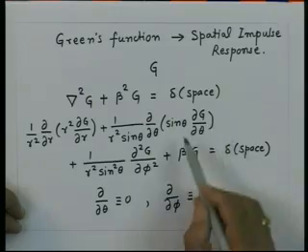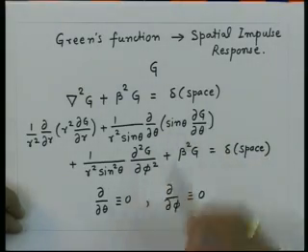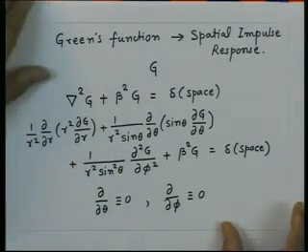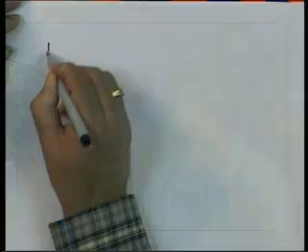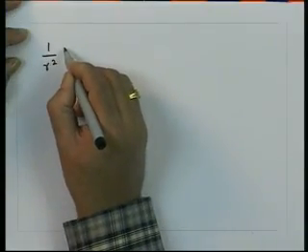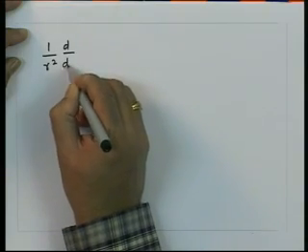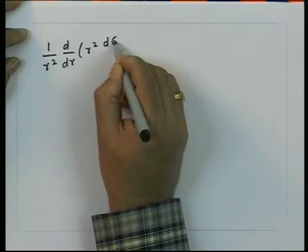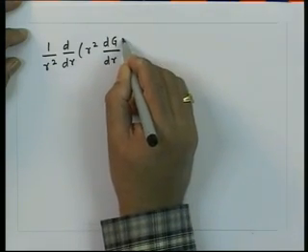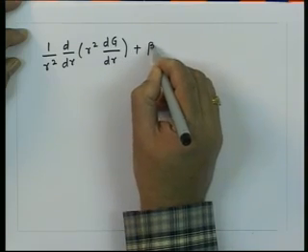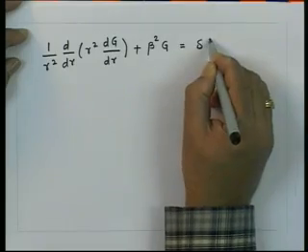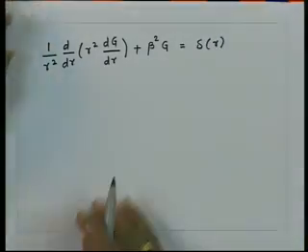If I substitute now in this equation, this is dg by d theta, so this will go to 0, this will go to 0, and only this term will remain. So this wave equation in the spherical coordinate system will reduce to 1 over r square d by dr of r square dg by dr plus beta square g is equal to the delta function located at r equal to 0.